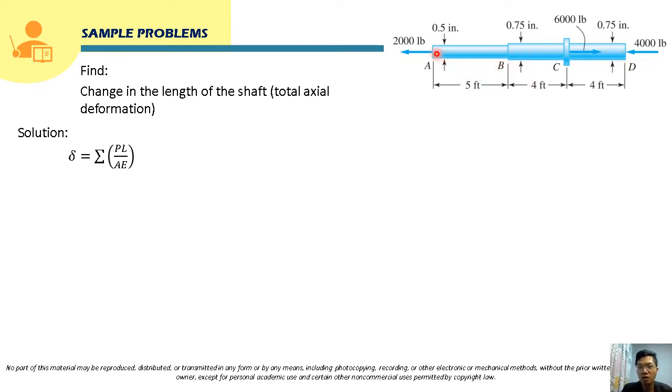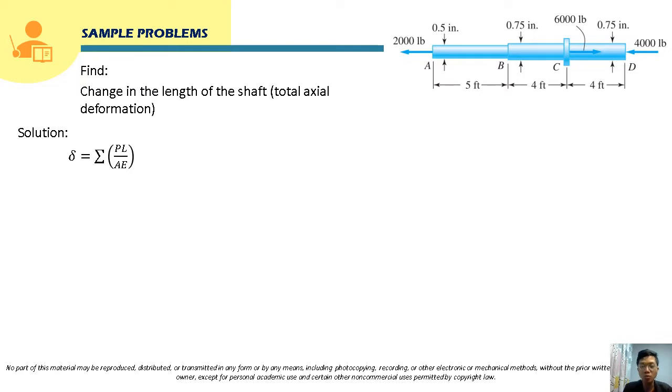For rod AB, this is 0.5 inches diameter, while from B to D, 0.75 inches. So we are going to solve their deformation separately. Also, B to C and then C to D actually have different internal normal force, so they will also be separated, and their deformation will be computed separately.